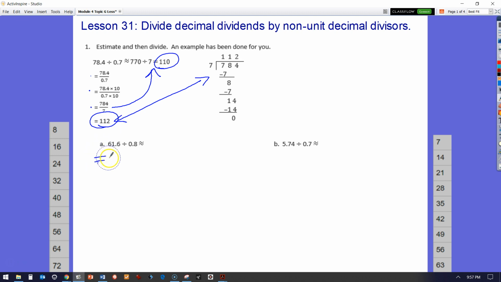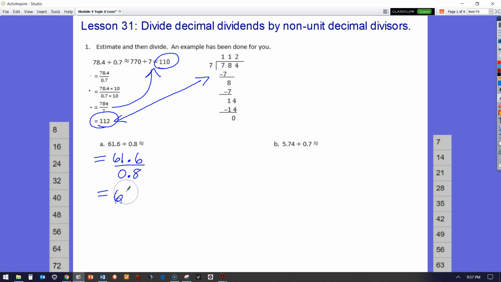So I'm going to take my dividend and put it over top of my divisor. Then in order to get my divisor to be greater than 1, I would have to multiply by the equivalent form of 1 in fraction form, 10 over 10.